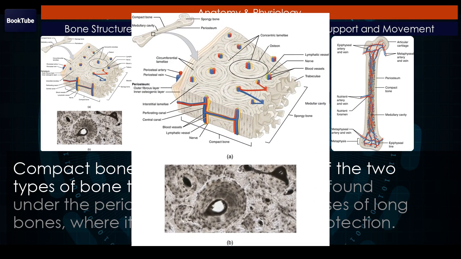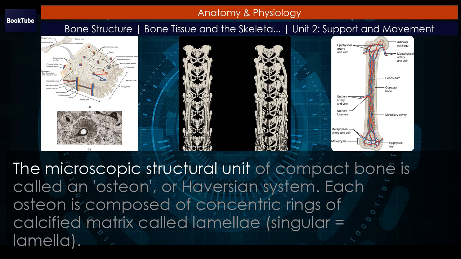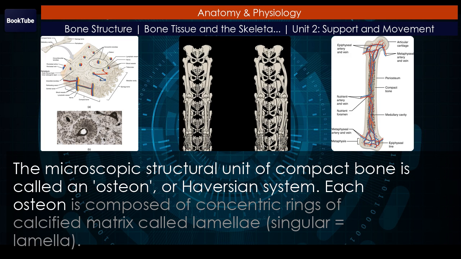Figure 6. It can be found under the periosteum and in the diaphyses of long bones, where it provides support and protection. The microscopic structural unit of compact bone is called an osteon, or Haversian system. Each osteon is composed of concentric rings of calcified matrix called lamellae, singular equals lamella.